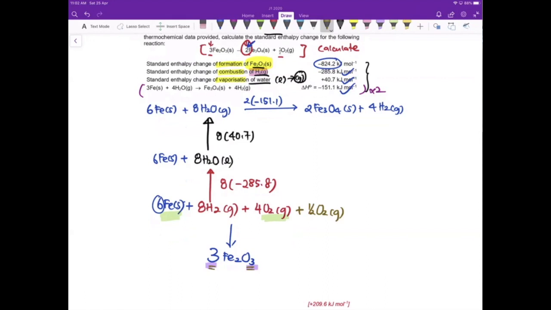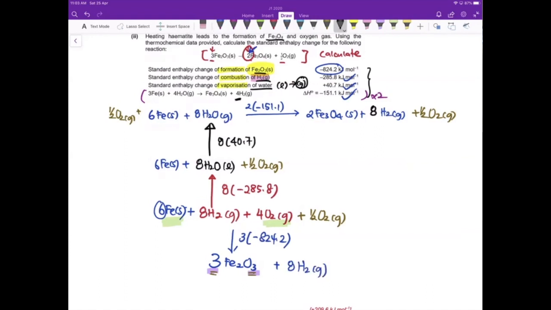Once I add this, I need to add backwards also. So half, and then half, and then half here. I need to add to every part. The oxygen is settled. The iron is settled. Your hydrogen, we should copy it down because we never use it here because it's formation. So formation of 3 units of Fe2O3 plus 8 units of hydrogen gas.